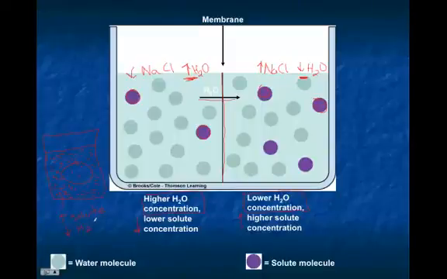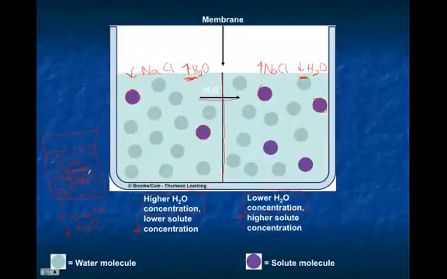Now inside my cell, it's just the opposite. I have lower solute, if you can read that, I'm squishing it in there, and that leaves me more room for water. And because that leaves me more room for water molecules, my water molecules are in a higher concentration inside the cell than they are outside the cell.